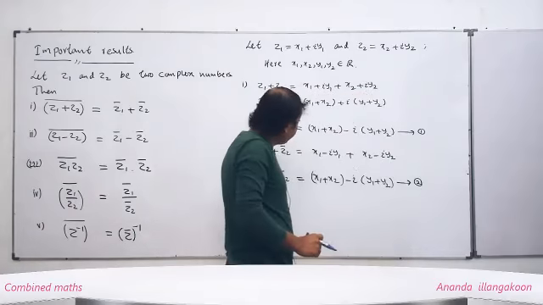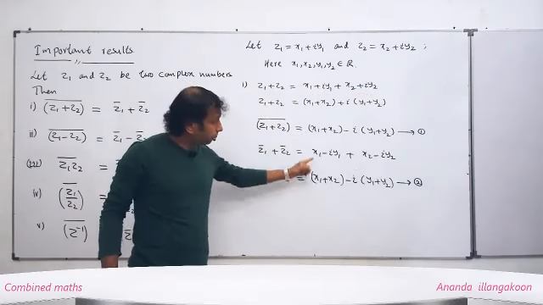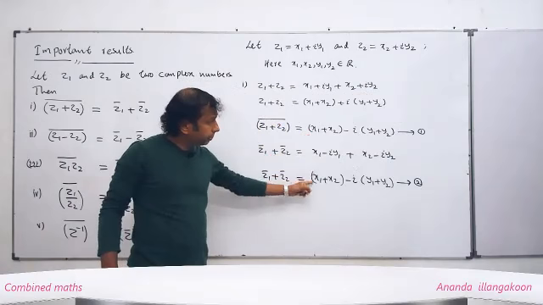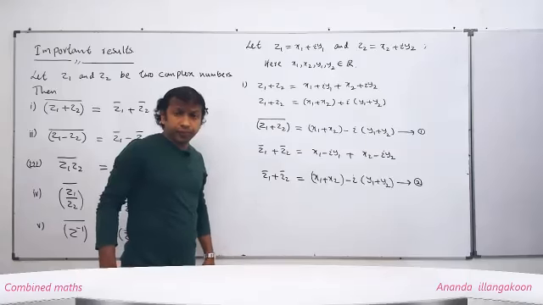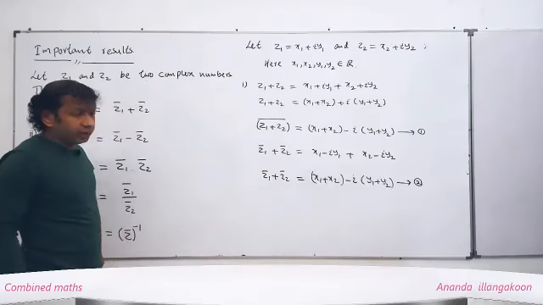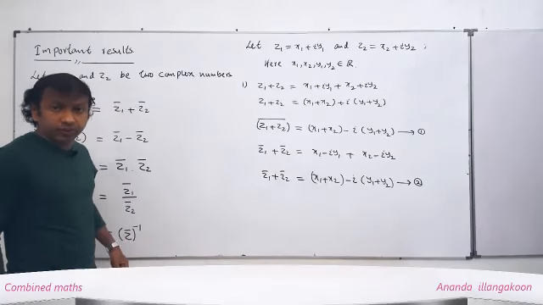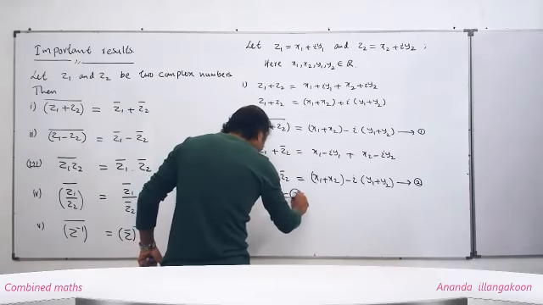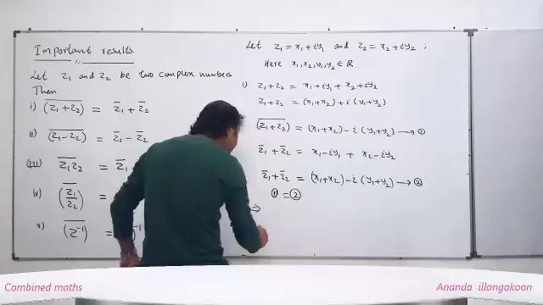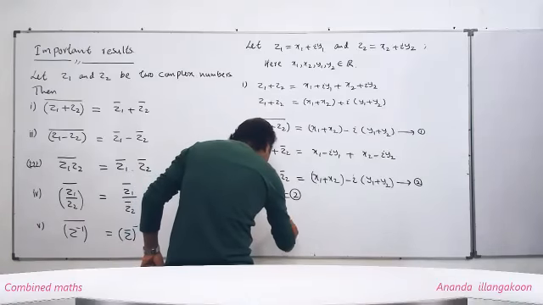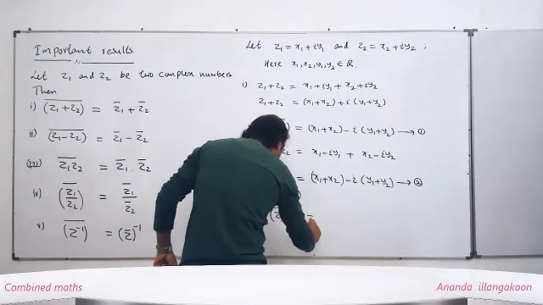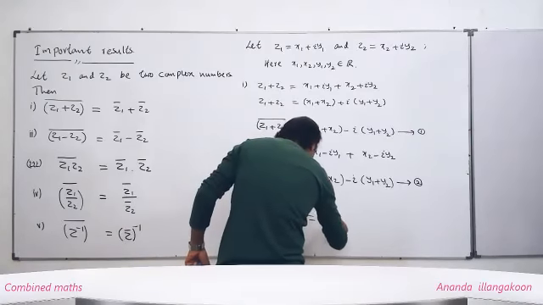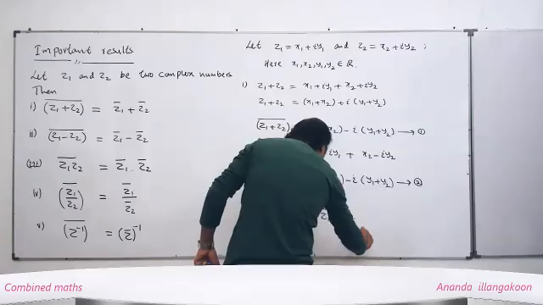Then you can see in number 1 and number 2, the right hand sides are equal, right? When the right hand sides are equal, the left hand sides must be equal. 1 equals 2. This gives us the conjugate of Z1 plus Z2 is equal to Z1 conjugate plus Z2 conjugate.